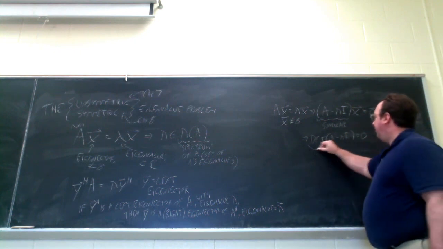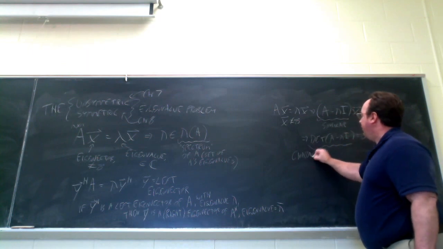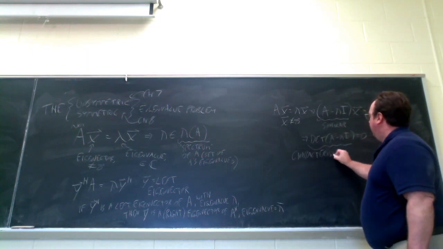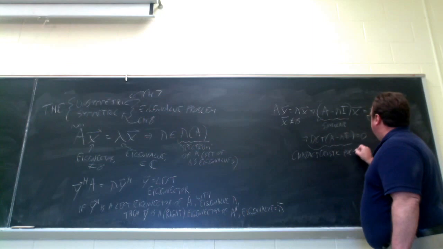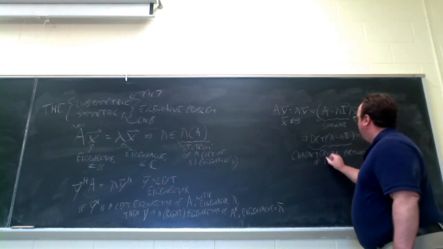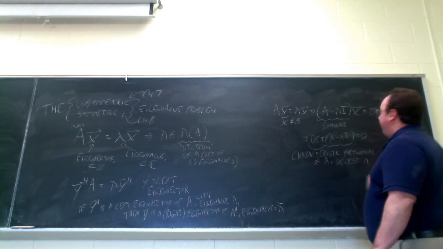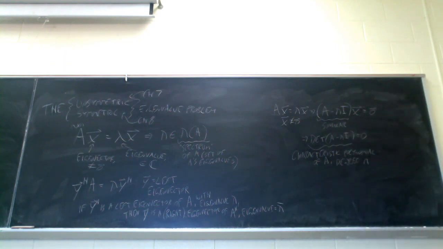This expression, determinant of A minus lambda identity, is called the characteristic polynomial of A, and it has degree n. So it means that we have n roots that are the eigenvalues.